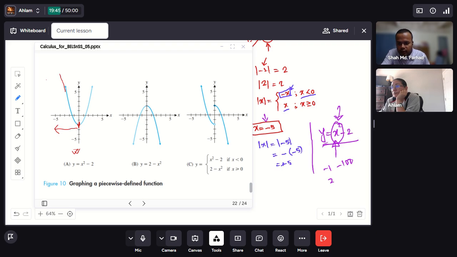Since if we extend the graph, it will go up to -infinity. And here up to 0, where the value of x is 0.